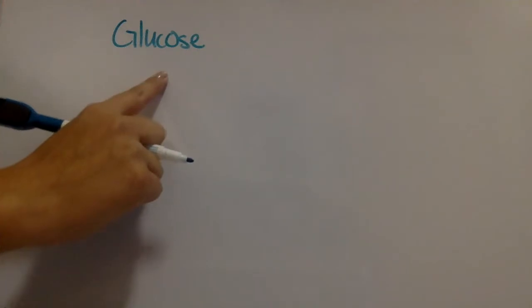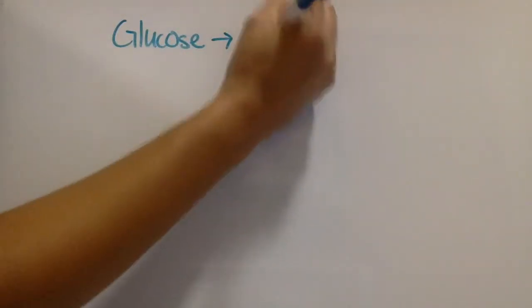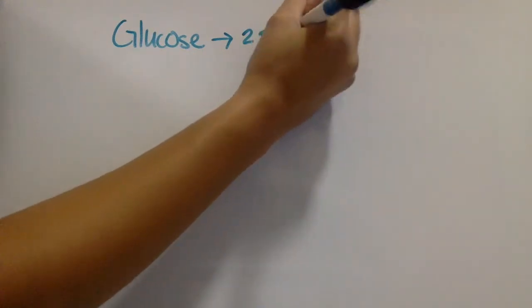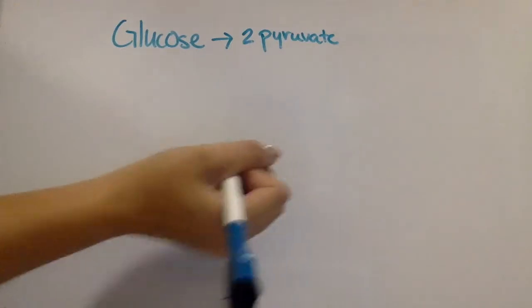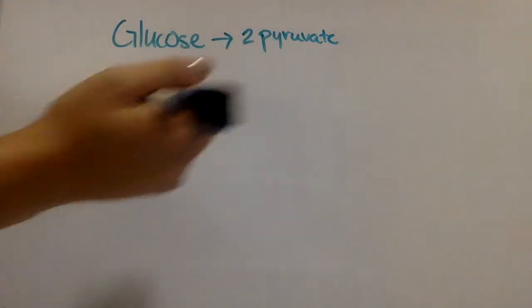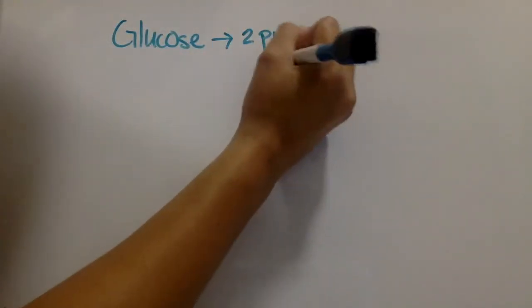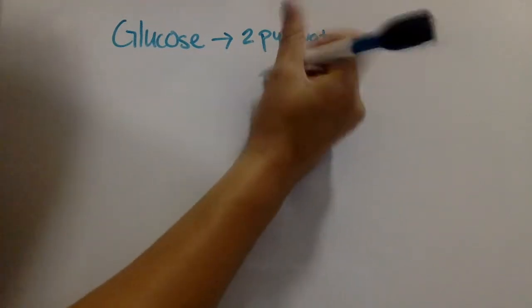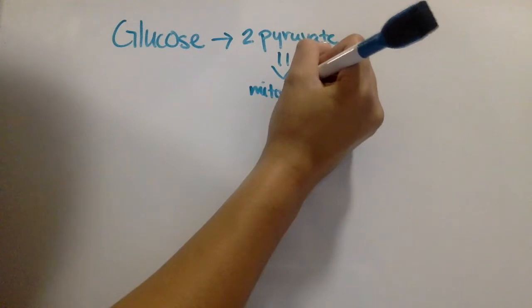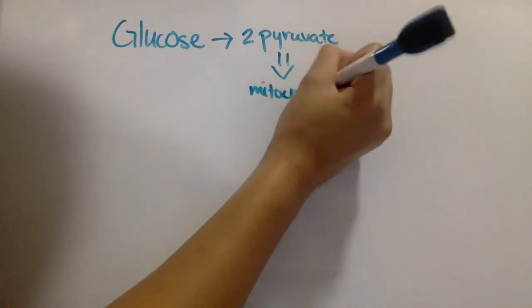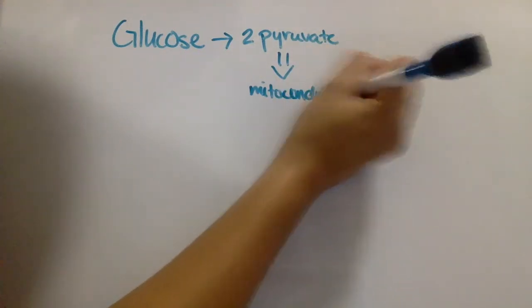Glucose, by the process of glycolysis, is then transformed into 2-pyruvate. These 2-pyruvate then are entered into our Krebs cycle, which is in the mitochondria of our matrix.